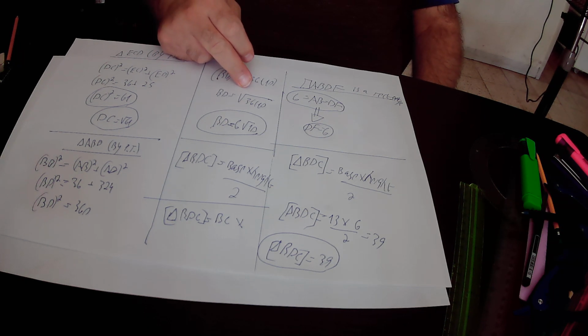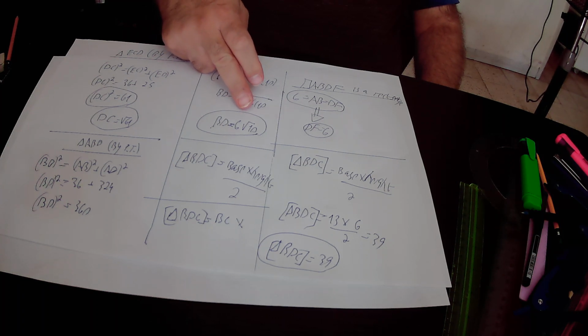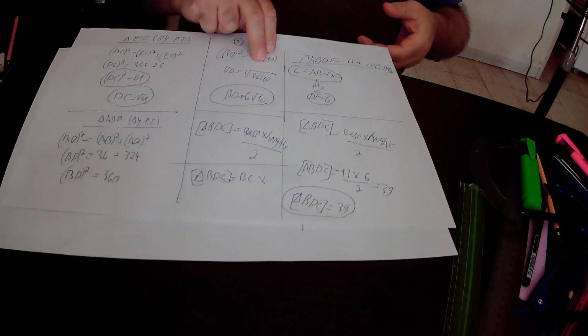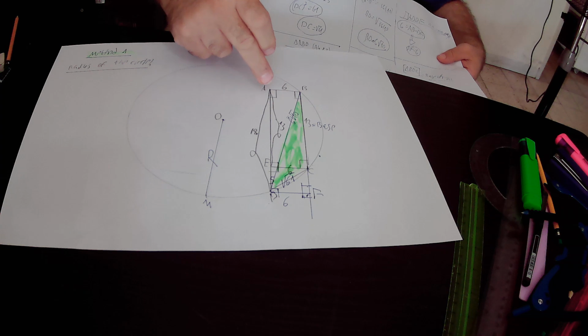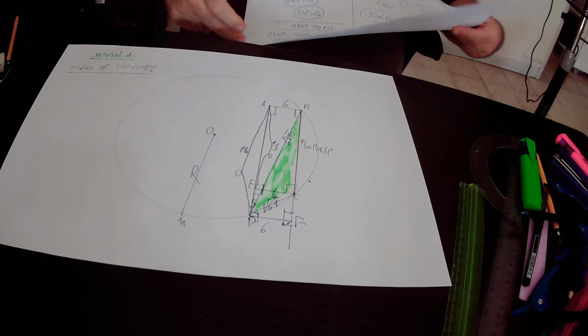The square root of 36 is 6, so we can take 36 out of the root. Inside the root, we are left only with the square root of 10. In conclusion, BD, the hypotenuse of this right triangle, equals 6 times the square root of 10 units.